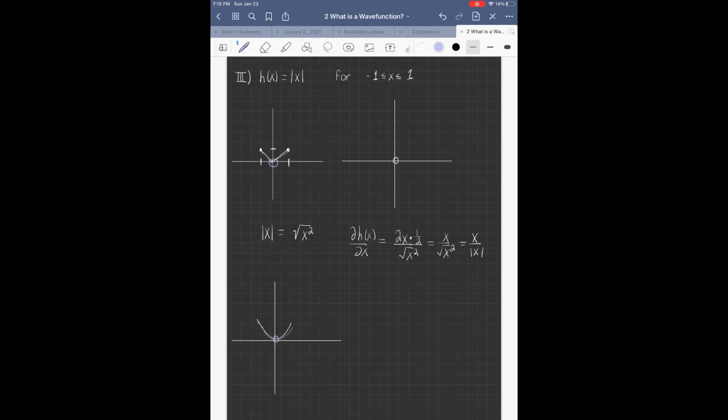Let me try to see if I can, why isn't it graphing correctly? Oh yeah, that's why. It is graphing correctly. It just does this. Oh wait, there we go.